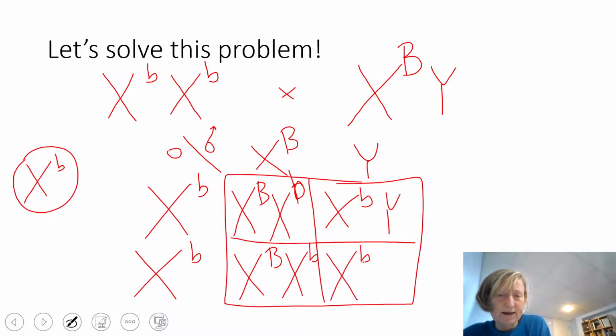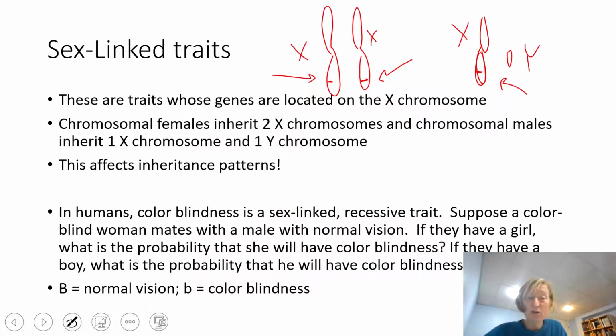This is an identical box. So all of the females from this cross will have normal color vision, and all of the males from this cross will be colorblind. So when I go back to answer my question, if they have a girl, what's the probability she will have color blindness?